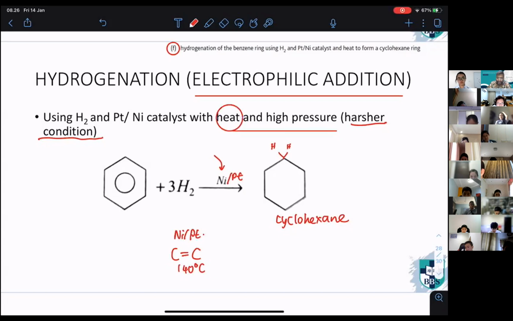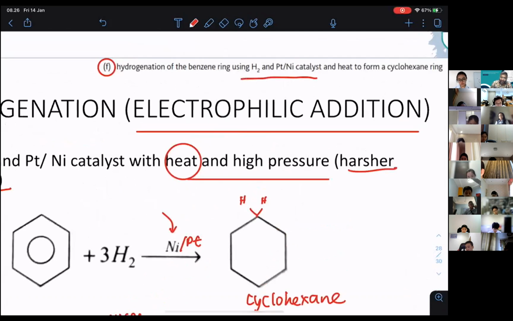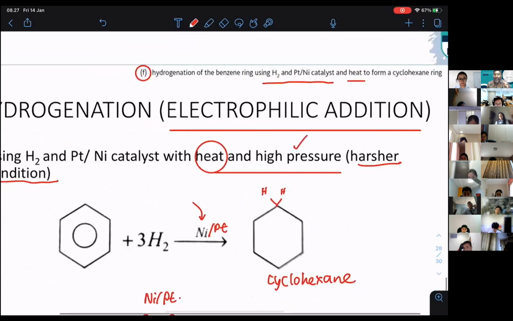But in your syllabus they didn't mention the temperature, so it's okay, just heat. I added high pressure, because in your syllabus they say they use this catalyst and heat only, but you also need high pressure. So I put the high pressure additionally.